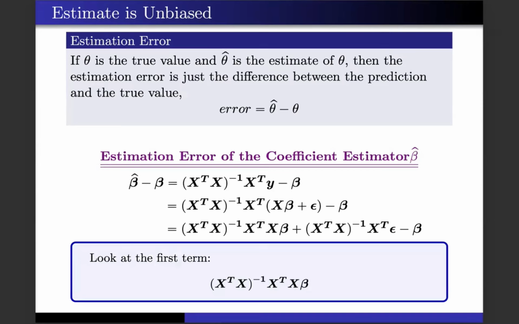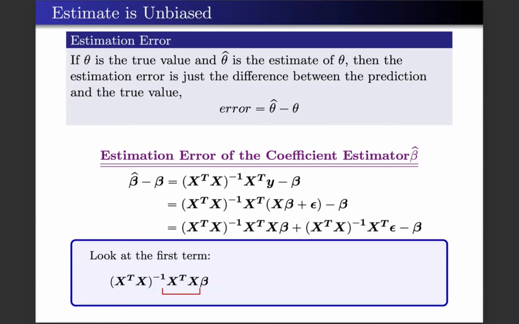Let's start by looking at the first term, which is (x transpose x) whole inverse x transpose x beta. In this term, we group x transpose and x together. And when we do that, we get (x transpose x) whole inverse multiplied by x transpose x, and then we write beta as it is. Now, we have the inverse of a matrix multiplied with the same matrix.